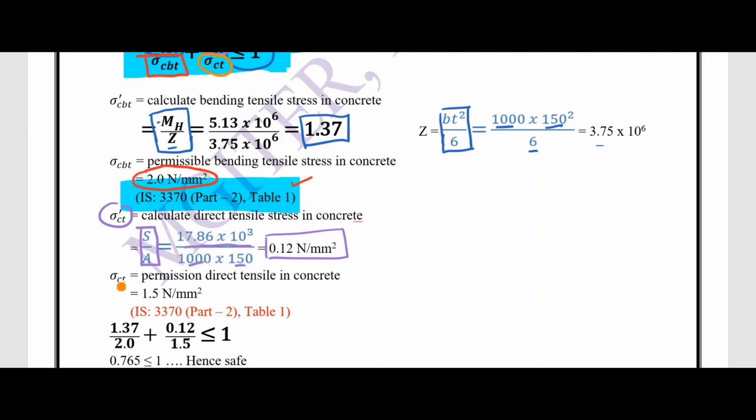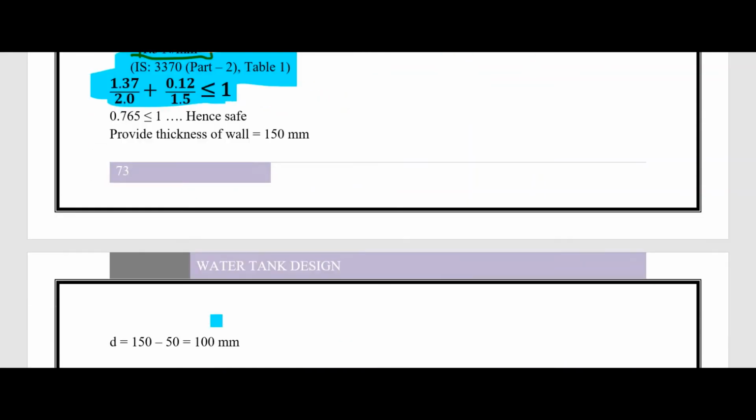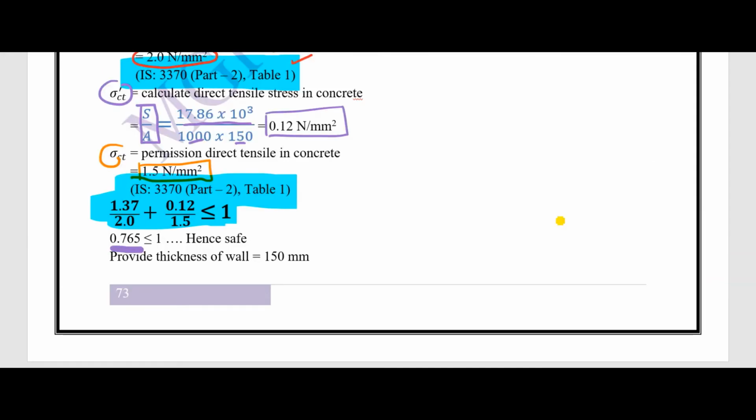Sigma CT will be 1.5 from IS 3370 part 2 table number 1, and after putting all the values we found the value is 0.765. By all these equations we found the value is less than 1, so it means safe. So we can provide a wall thickness of 150 mm.